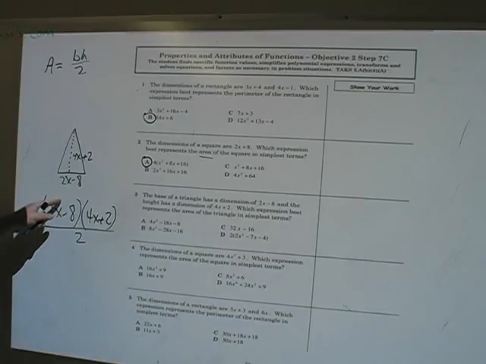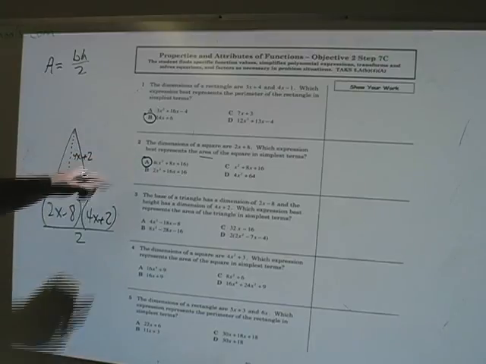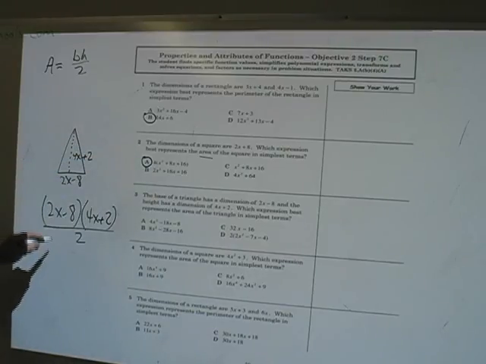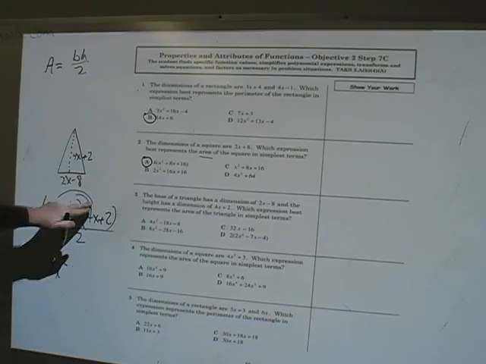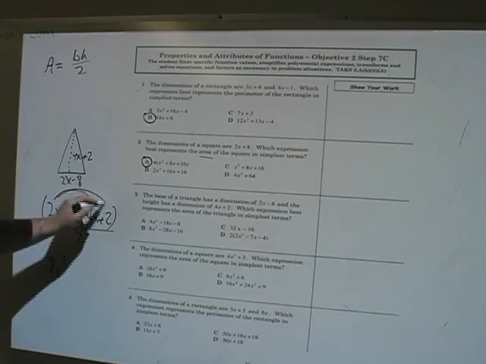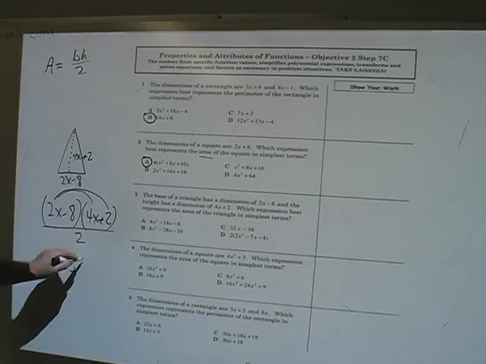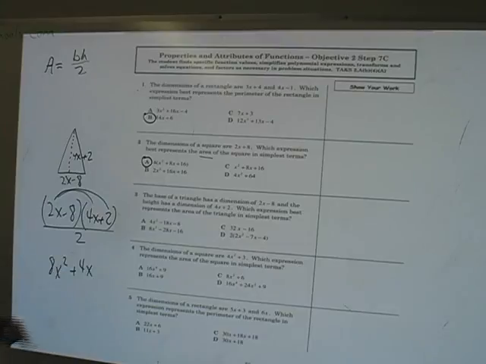So we can multiply these two, just like in number 2, how we had to multiply. 2x times 4x is 8x squared. Let's do it in the same order we did last time. 2x times 2 is a plus 4x.